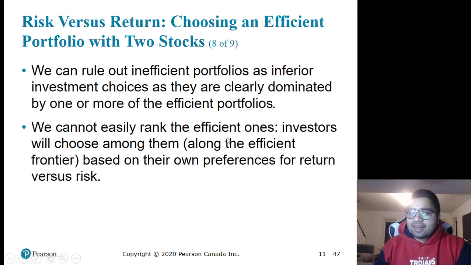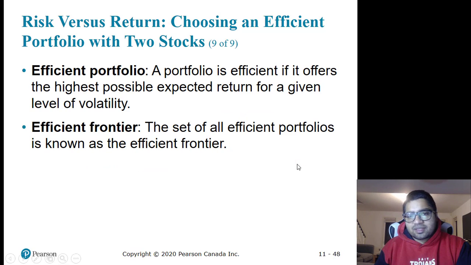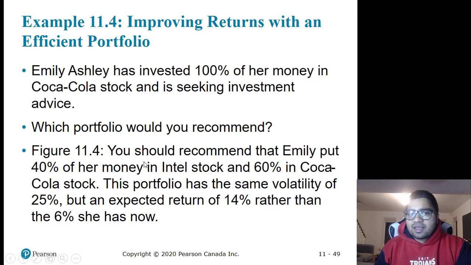We cannot easily rank efficient ones. Investors will choose among them based on their own preference of returns versus risk. Efficient portfolio: a portfolio is efficient if it offers the highest possible returns for a given level of volatility. Efficient frontier: the set of all efficient portfolios is known as the efficient frontier.